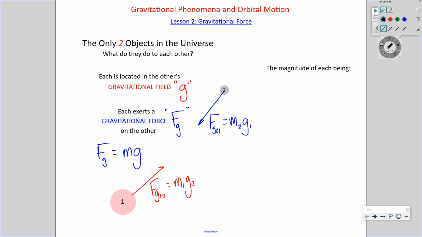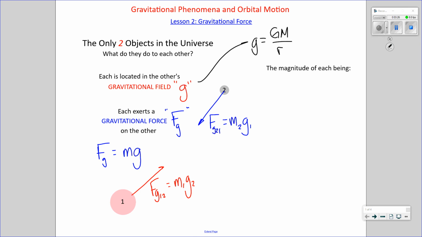And when I say the strength of 1's field or the strength of 2's field, what we mean by that is, remember that this gravitational field, g, let's do this, g is GM over r squared. So at the location of 2, really everywhere on that sort of circle, I'm trying to draw part of a circle that's the same distance r away from object 1.